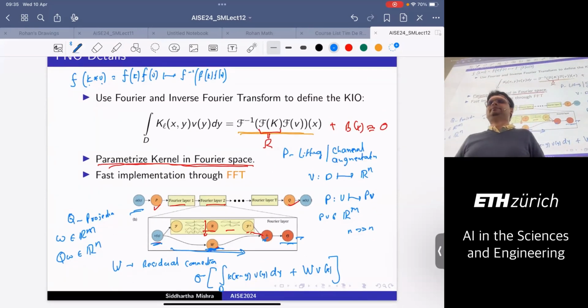Yes, James. So as far as the FNO in the Fourier space, it cuts out some high frequencies. This is what I'm going to describe exactly in the next slide. So again, good anticipation of what I'm going to do, because I've still not given you the discrete recipe yet, right? This is all at the level of functions, but I need to translate it at the level of actual vectors, so grid values, right?